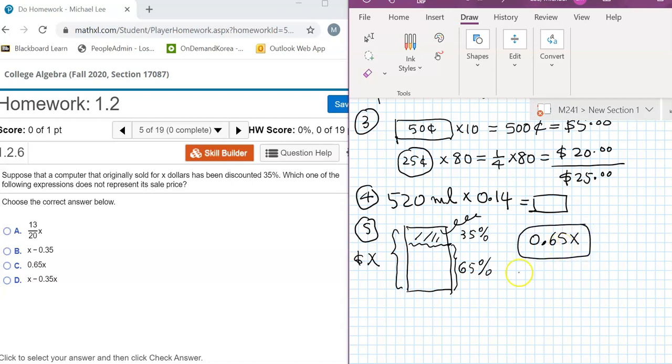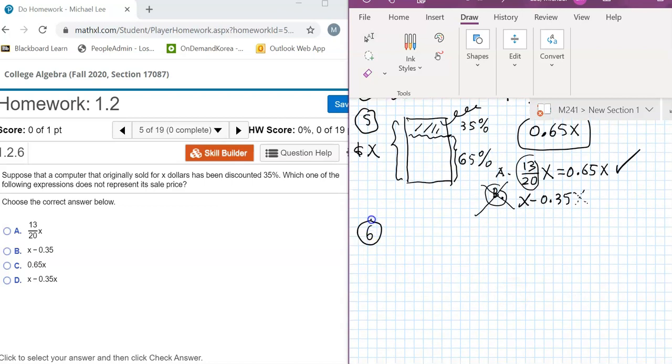If you look at part A, the answer is 13 over 20X, but 13 over 20 is actually 0.65, so that's okay. B is X minus 0.35, and X is missing here. You have to have an X. So the expression B is no good. So the answer is B.